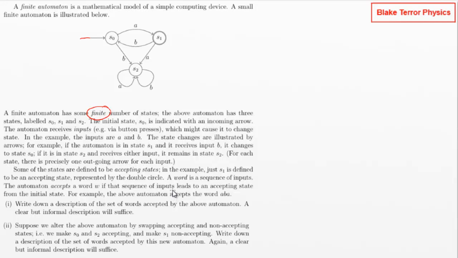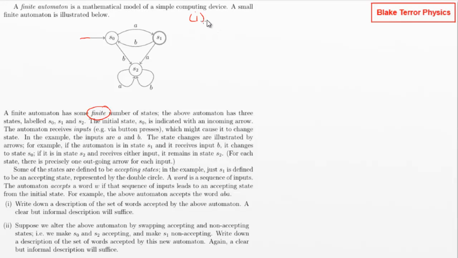For example, the above automaton accepts the word ABA. So if it was ABA, it would go S0 to S1 to S0 to S1. It ends on the accepting state, so it's an accepted word. Fair enough. Write down a description of the set of words accepted by the above automaton. A clear but informal description will suffice.